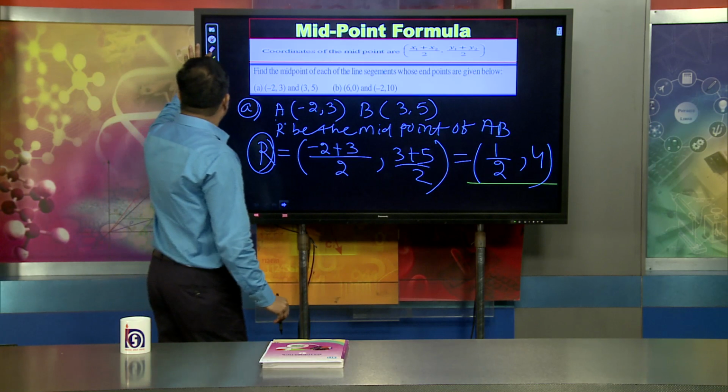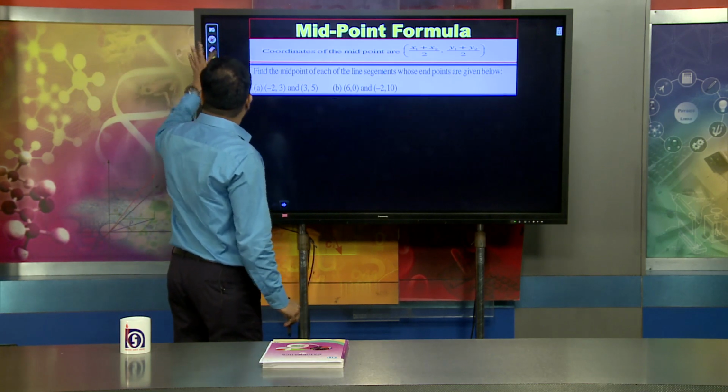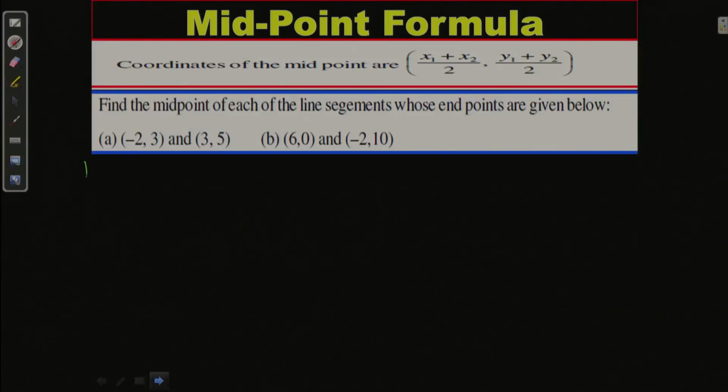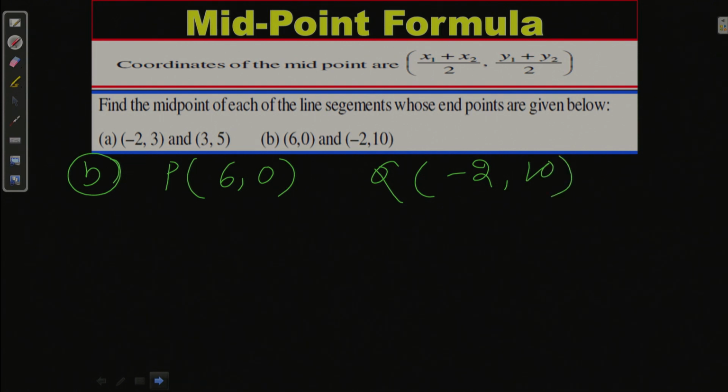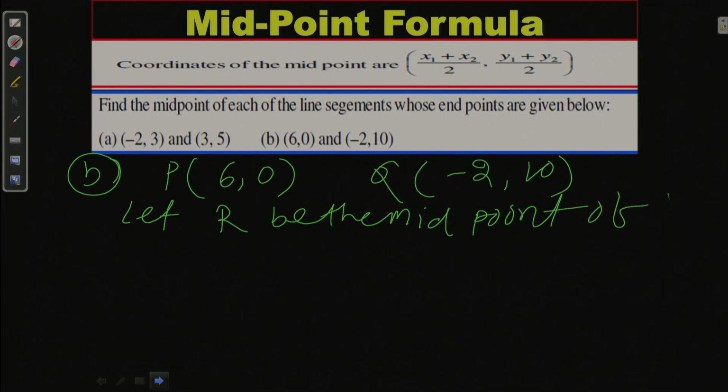Now we will move to the second example. Suppose P is the point with coordinate 6, 0, and Q is the point with coordinate minus 2, 10. Again, let R be the midpoint of PQ.